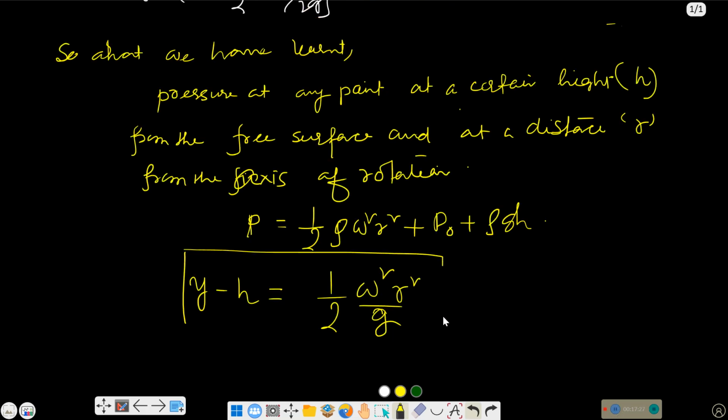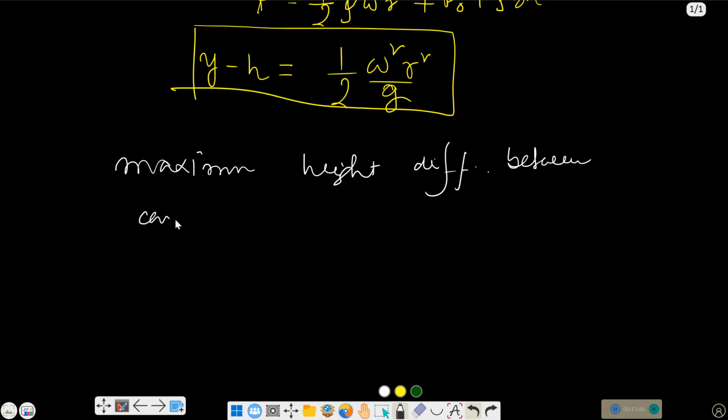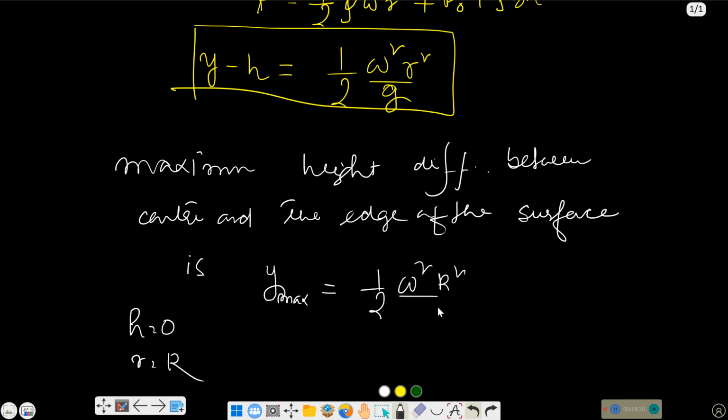So this is your equation. Then lastly, the maximum height difference between the center and the edge of the surface is y max equal to half omega square, putting h equal to 0 and r equal to capital R, that is the radius of the cylindrical container, R square by g.